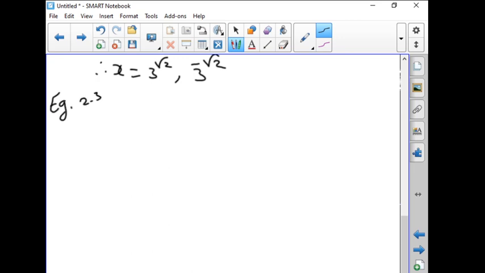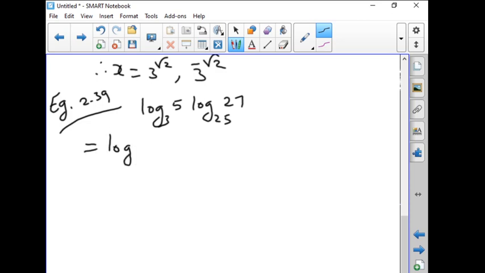Example 2.39. Compute log 5 to the base 3 into log 27 to the base 25. Okay, compute. So this can be written as log 5 to the base 3 into, 27 is 3 cube, so log 3 cube to the base 25.